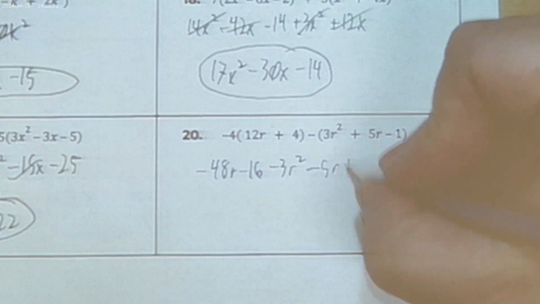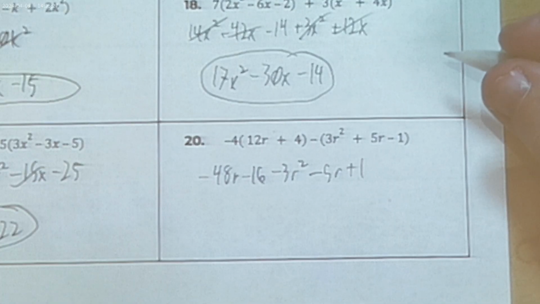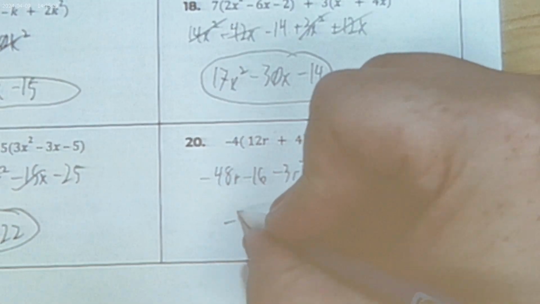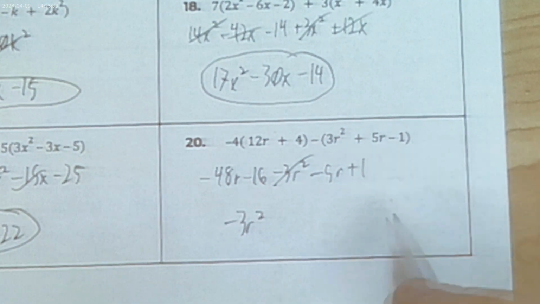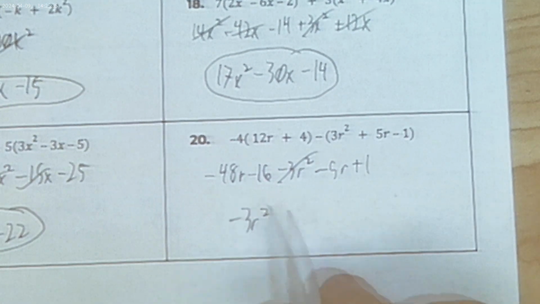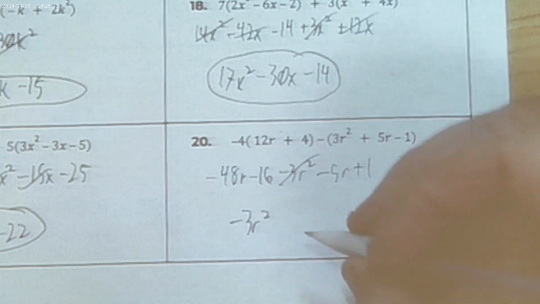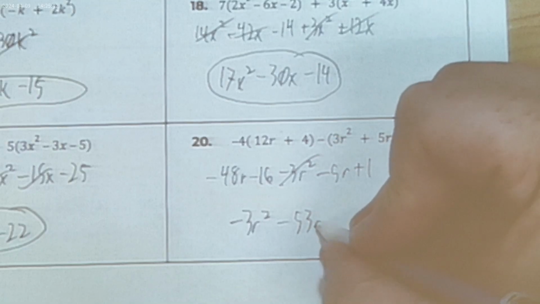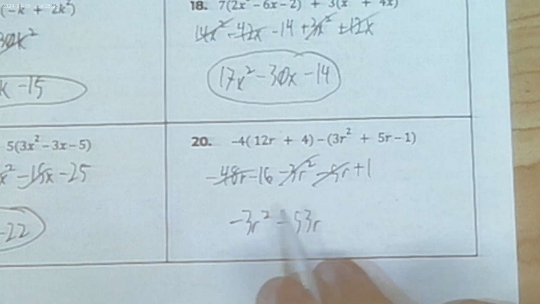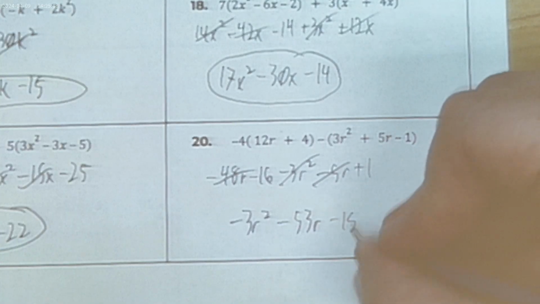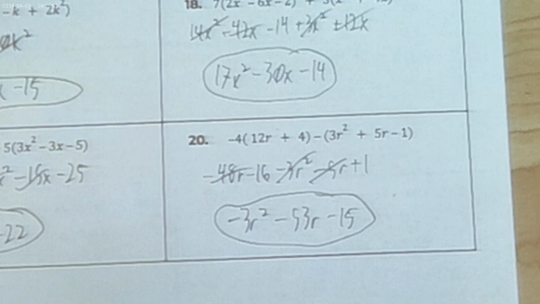Plus 1. All right. Let's see. So 3r squared is the highest power, and it doesn't have anything else. 48 minus 5 is 53. And then negative 16 plus 1 is minus 15. And there we go.